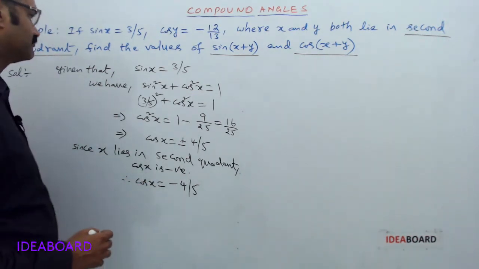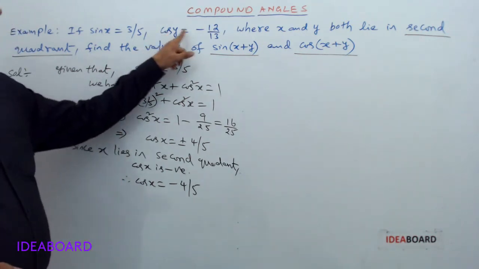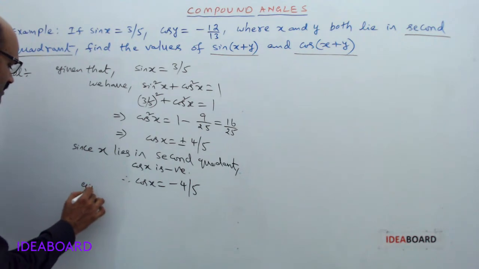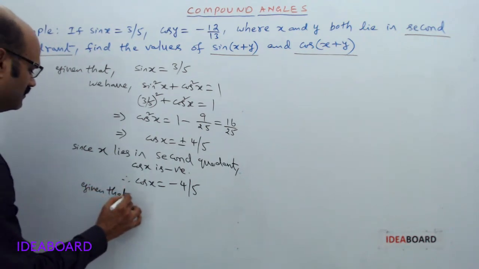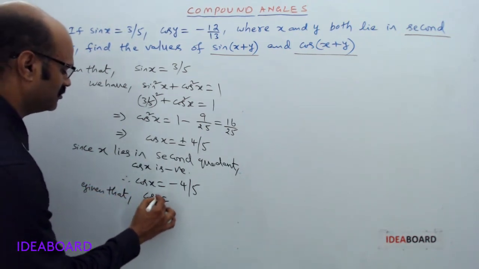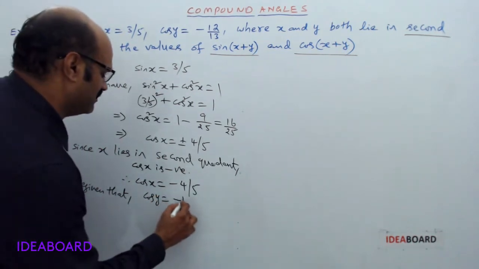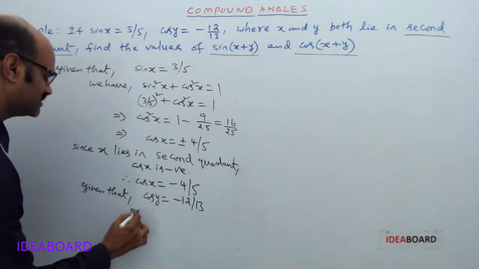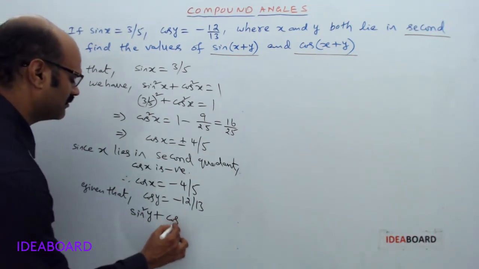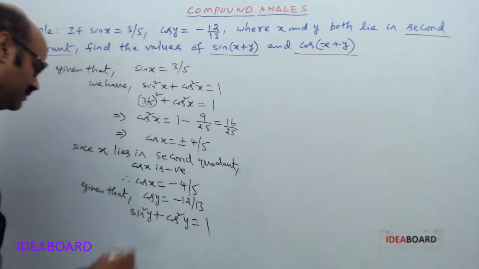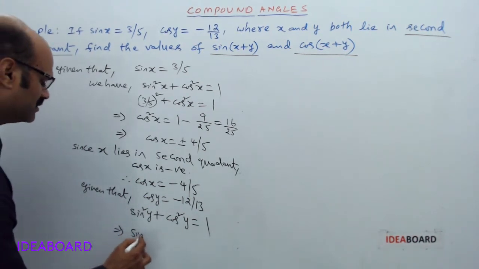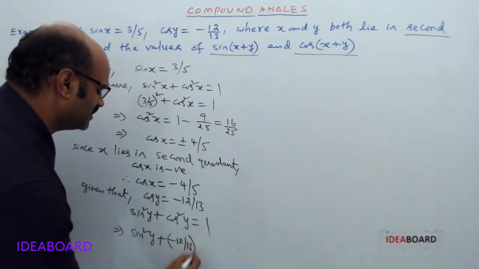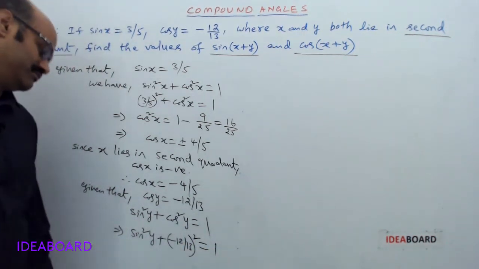Now, cos y is given to us. Given that cos y equal to minus 12 by 13. Sin square y plus cos square y equal to 1. It implies sin square y plus cos y, minus 12 by 13 whole square, equal to 1.